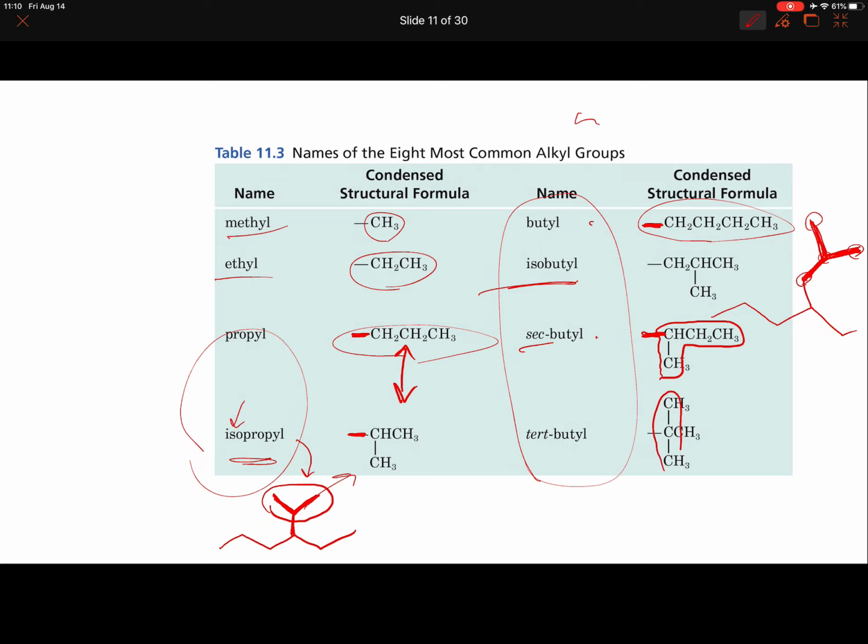These have 3 carbons in a row with a branched carbon. Now the difference here is that you can either attach at the end of your 3 carbons in a row, or you can attach at the middle of your 3 carbons in a row. This is probably going to be a challenging part for you guys, but again, let's do an example.